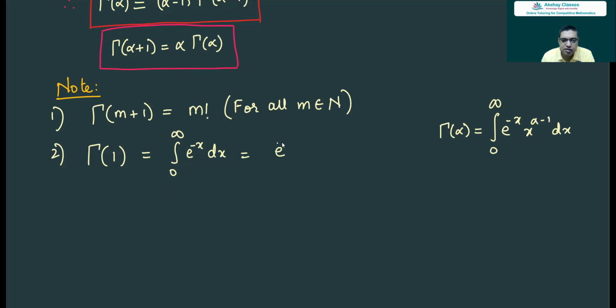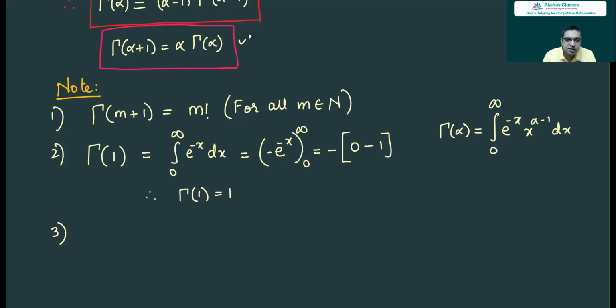And this integral is minus of e to the power minus x from 0 to infinity. Take the minus sign outside. This goes to e raised to infinity, which becomes 0, minus e to the power 0, which is 1. So therefore we get gamma of 1 is 1.